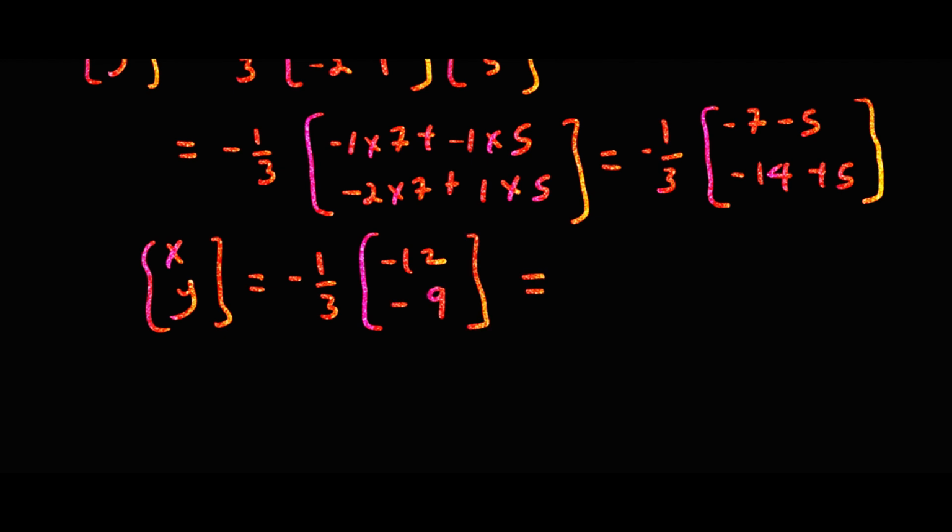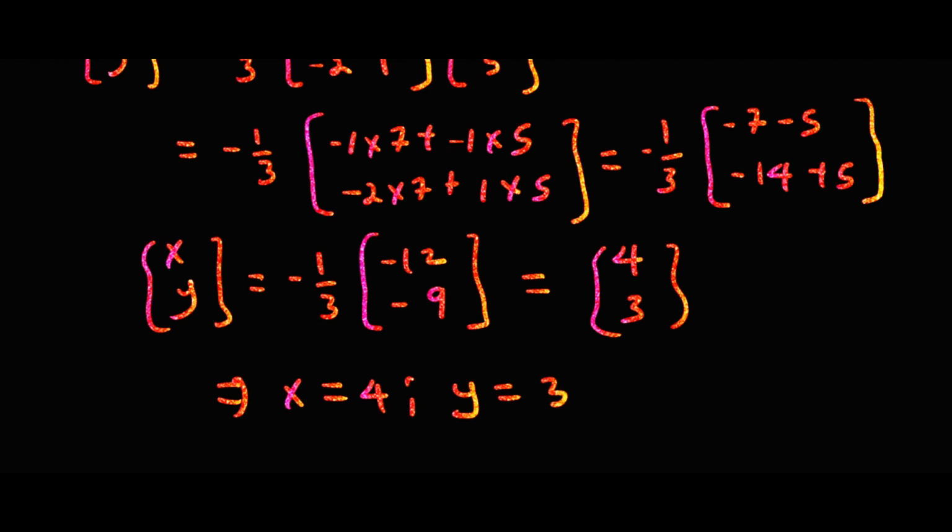So when we do that, we multiply negative a third times 12, we get 4. We multiply negative a third times negative 9, we get 3. So this implies that the value of x is 4, and the value of y is 3. So that is the first example that we have.